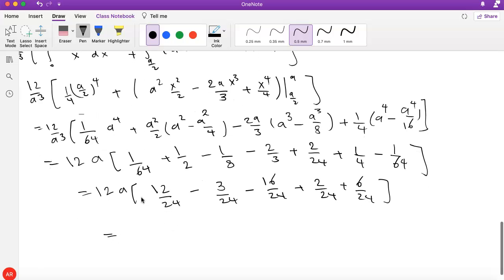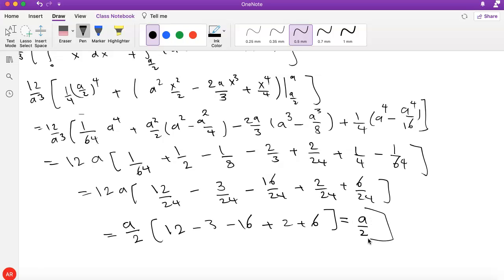All right, so I factor out the 1 over 24, so I'm going to get 12 over 24, which is a half. So that's a over 2. Then I have 12 minus 3 minus 16 plus 2 plus 6. So 12 minus 3 is 9, minus 16 is minus 7, plus 2 is minus 5, plus 6 is 1. Good. So that's a over 2.